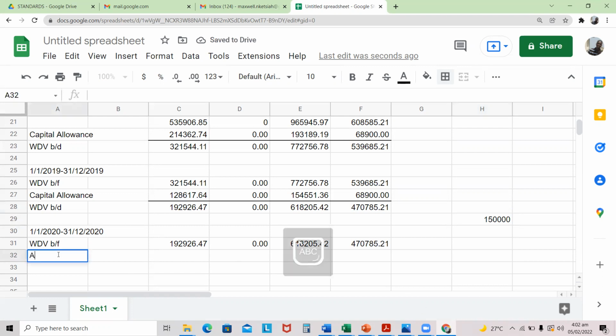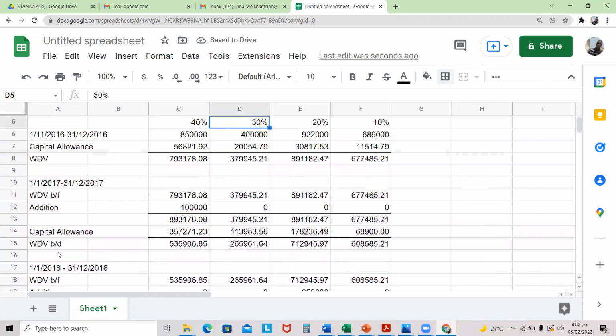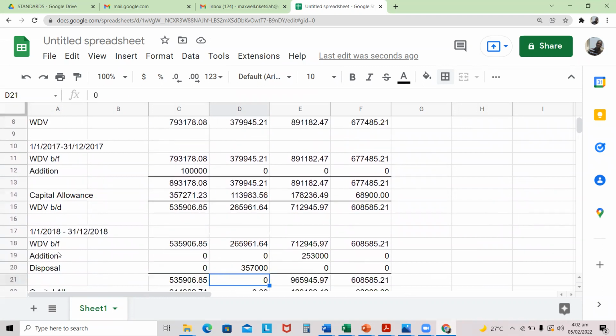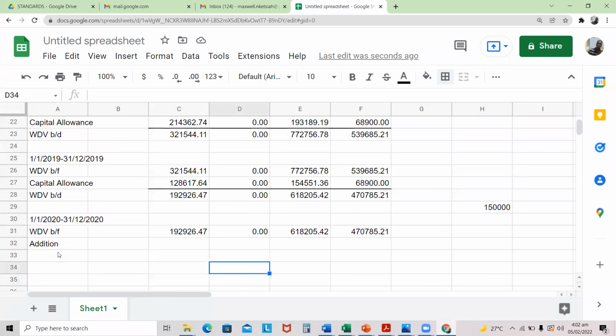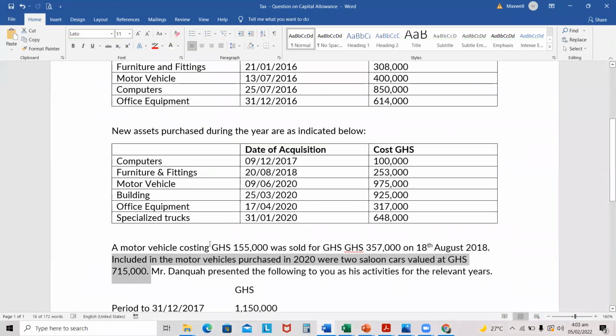So let's look at addition. Let's look at motor vehicle, it's class 2. So let's go to class 2 addition. The question said that included in motor vehicles purchased in 2020 were 2 saloon cars valued at 715,000.